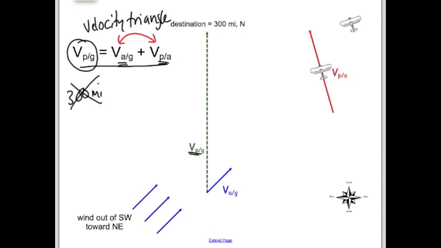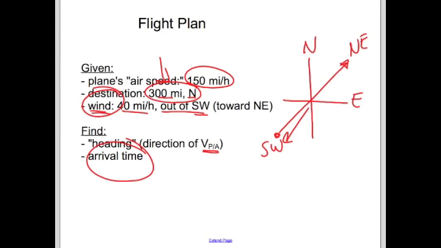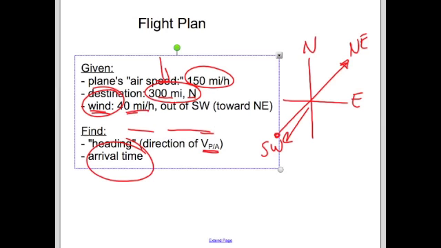Because this vector, I know the length, plus I know the direction. So this vector right here, in our problem, go back to the problem, should be basically 40 units long and should be out of the southwest and towards the northeast.